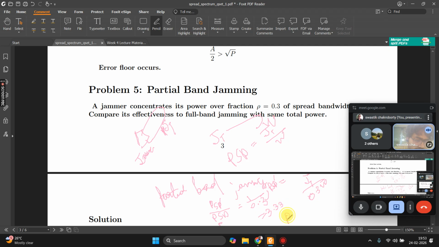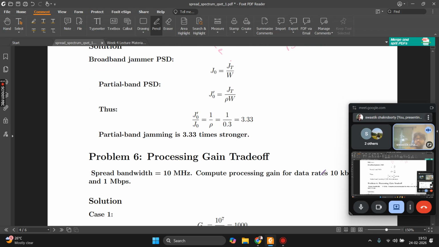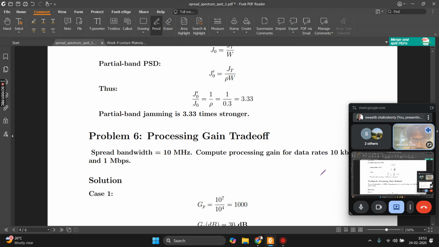So PSD dash, that is the partial band jammer, is 3.3 times stronger than the total band jammer. So of course, whenever feasible, we should be focusing on a dedicated bandwidth of the jamming rather than jamming everything under the sky.